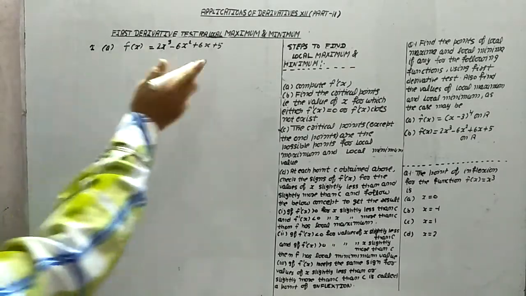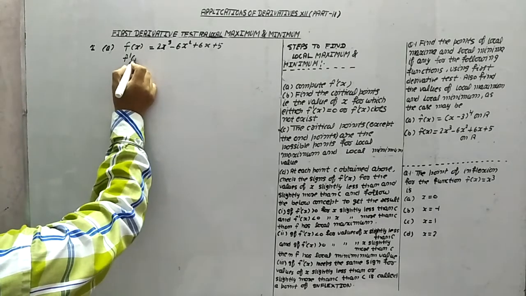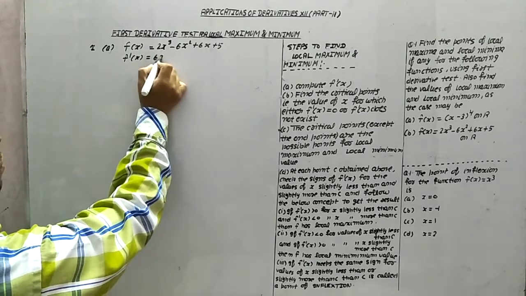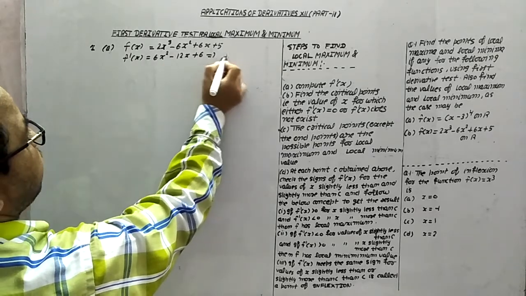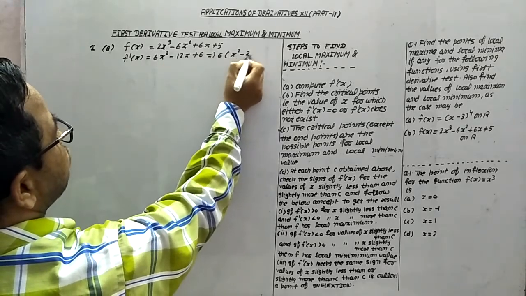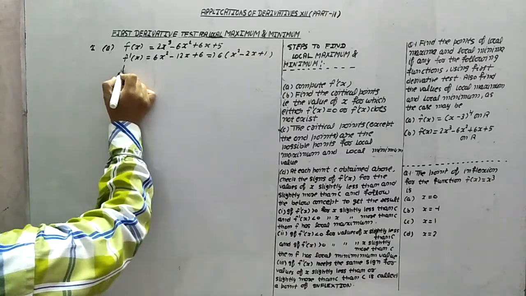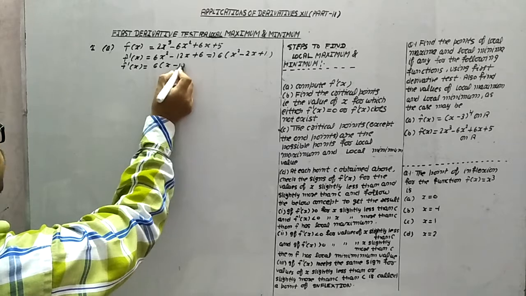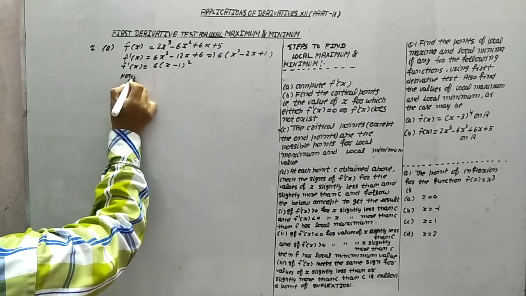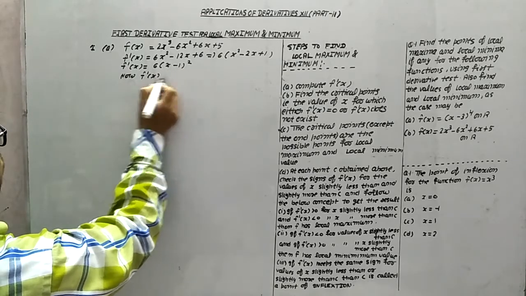Now in this b part we have f dash x is equals to 6x square minus 12x plus 6. It implies that 6 common, x square minus 2x plus 1. It means f dash x is equals to 6 into x minus 1 whole square. Now f dash x is equals to 0.